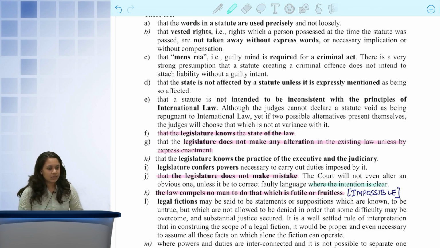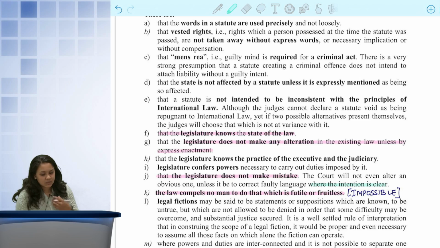And when we had studied the provisions of constitutional law, we had clearly understood that the process of passing a law is so rigorous and so time consuming and extensive that to find fault in every act of the legislature would tantamount to actually abusing the process of the legislature.